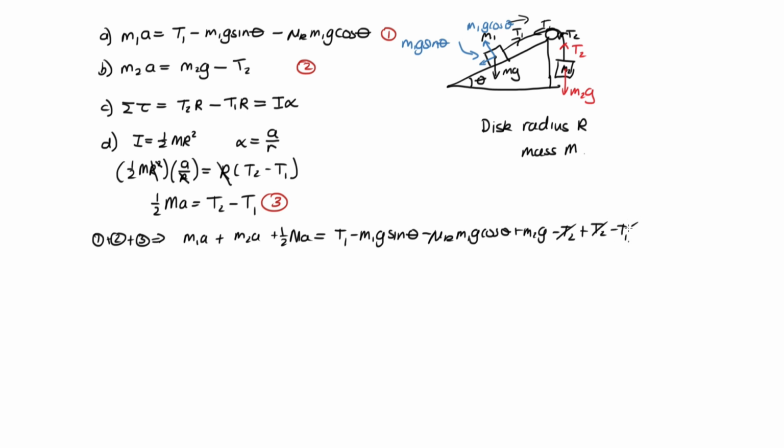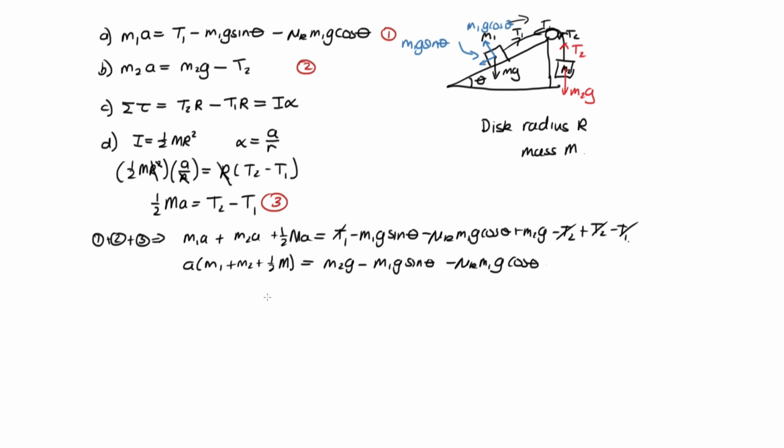So these tensions all cancel out, and we can pull the acceleration out as a common factor. So we have a times (m1 plus m2 plus a half M) is equal to m2g minus m1g sine theta minus mu k m1g cos theta.